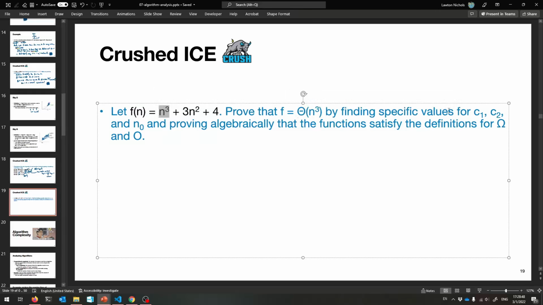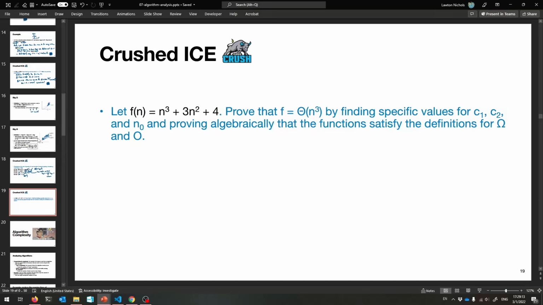That one wins out. And tell me exactly why. I want you to find C1 and C2. I want you to find n naught and prove that it meets the definition of being big theta. Okay? It must satisfy the definitions for big omega and big O. So it's a lower bound, it's an upper bound. So give that a try. Okay? See if you can prove this.